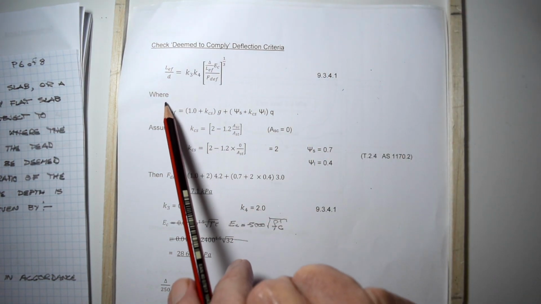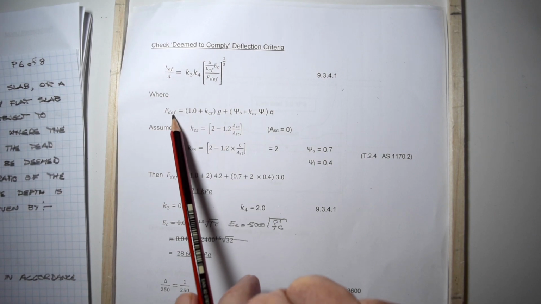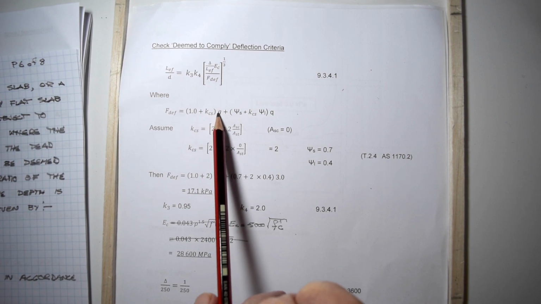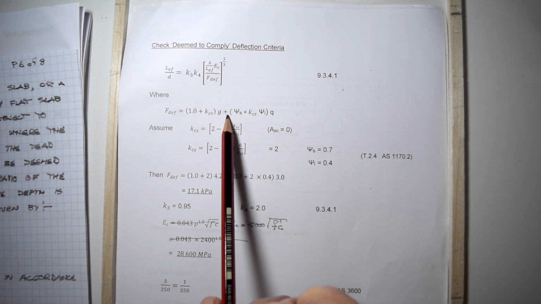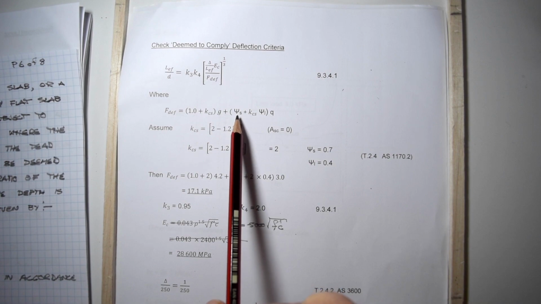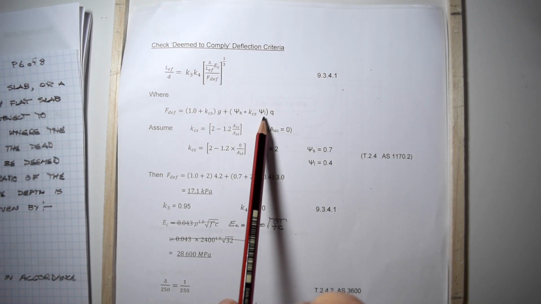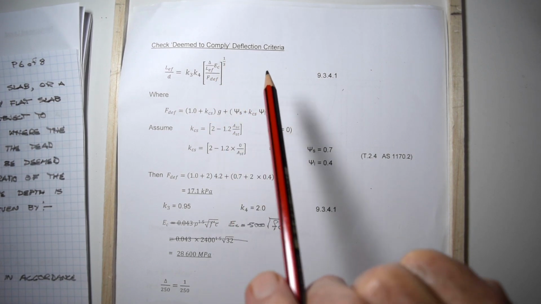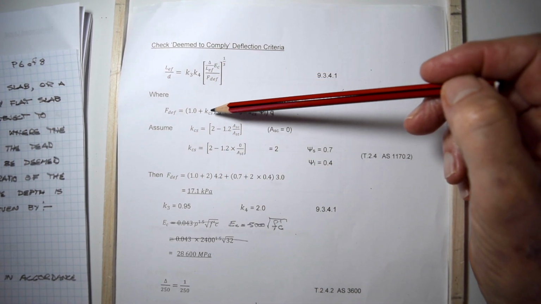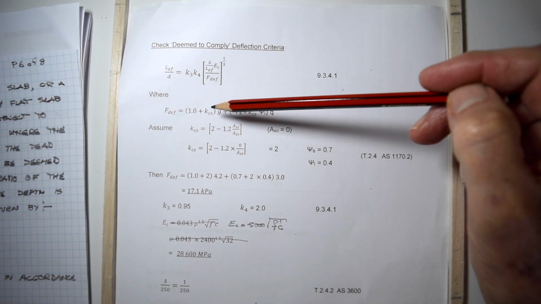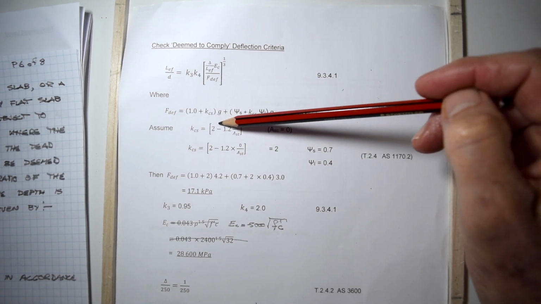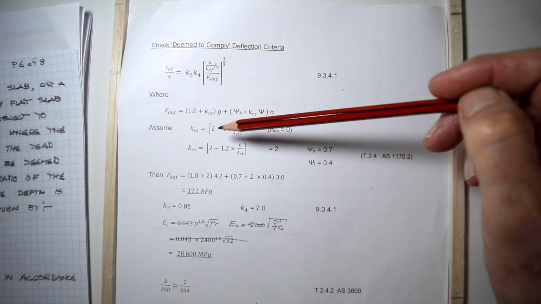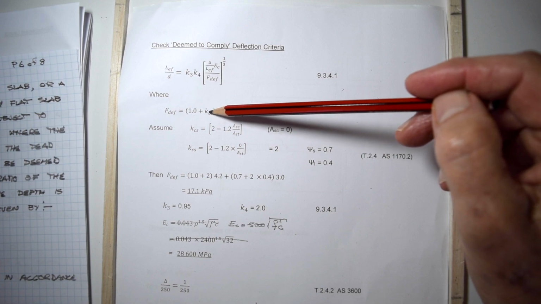And the code gives you this formula there, FDEF, which is 1 plus KCS little g plus psi s plus KCS psi l, all multiplied by Q. Now, KCS again is a factor where you take into account compression steel if you have any. This formula there. We haven't got compression steel, so we're going to be left with 2 for KCS, as you can see there.